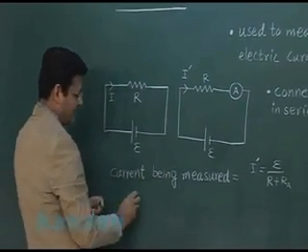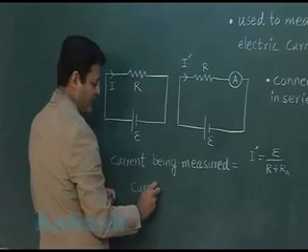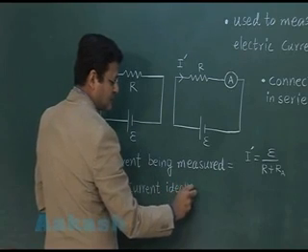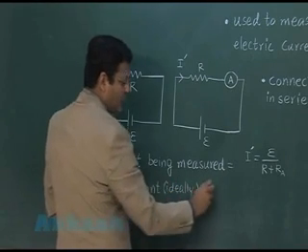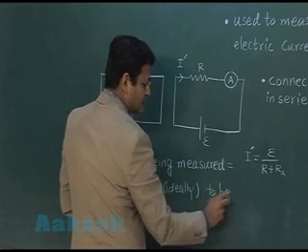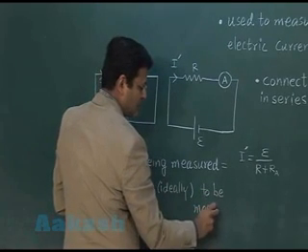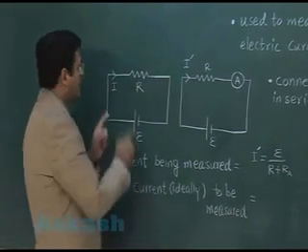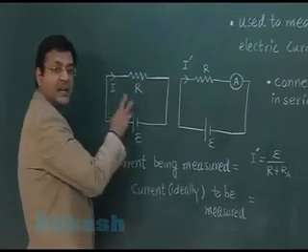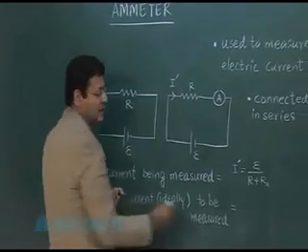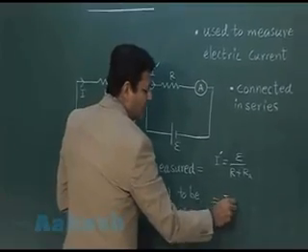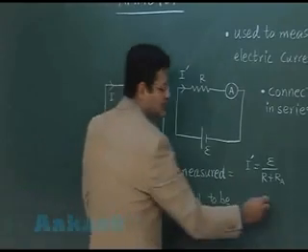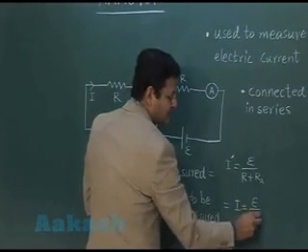But current ideally to be measured was this I. जो करंट आप एक्चुअली मेजर करना चाहते थे, दैट इज I. इसकी वैल्यू क्या होनी चाहिए थी? इसकी वैल्यू E by R होनी चाहिए थी, isn't it?